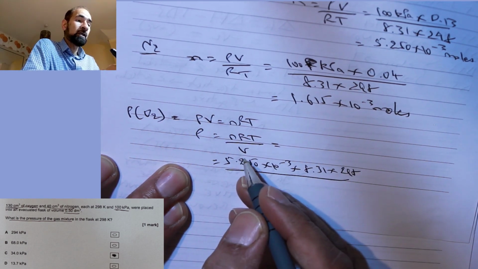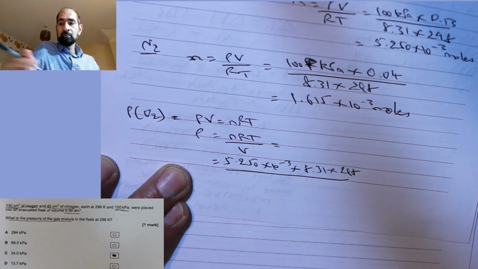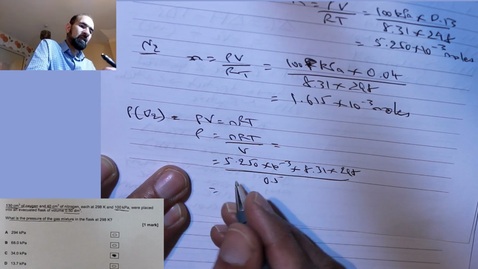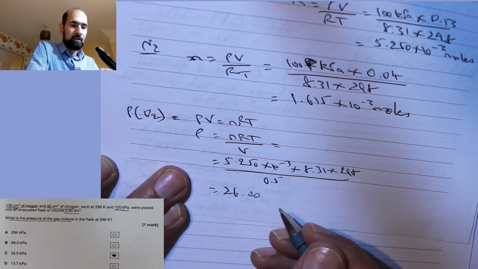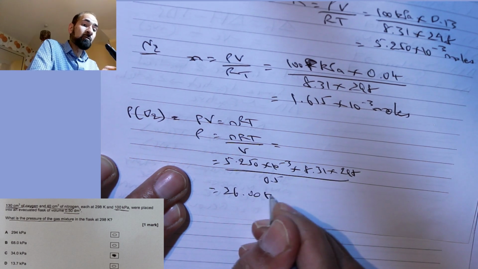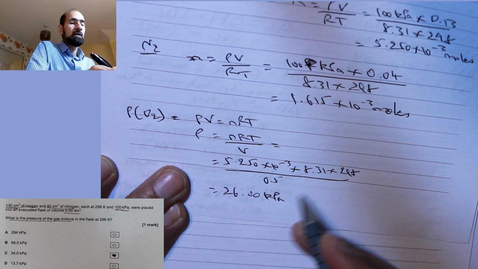What is the volume? Now the volume here is the new volume. Okay, so that equals 26.00. Yeah, 4 sig fig, and that's the pressure, and that's of course in kilopascals, because remember I've used all the normal units.